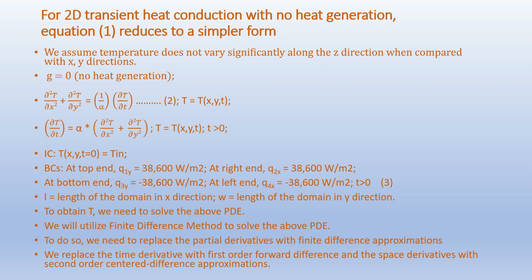The heat generation term G equals 0. Accordingly, we get ∂²T/∂x² plus ∂²T/∂y² equals 1 over alpha times ∂T/∂t, and T is a function of x, y, and t.